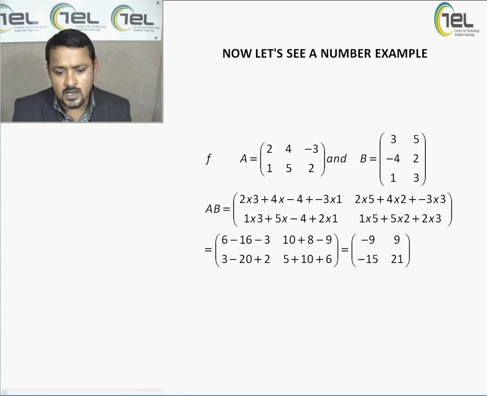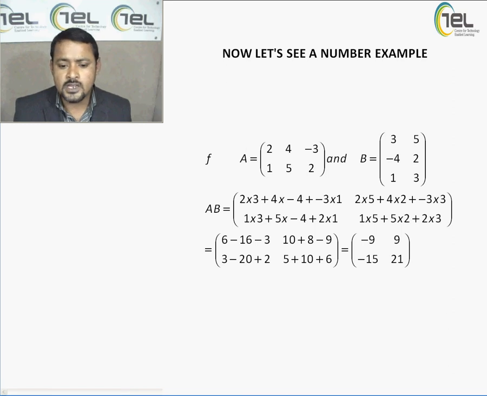Here also we take the same route: the first row is multiplied with the first column, then with the second column, and written in the first row one after another. Then the second row is multiplied with both the columns and written in the second row.